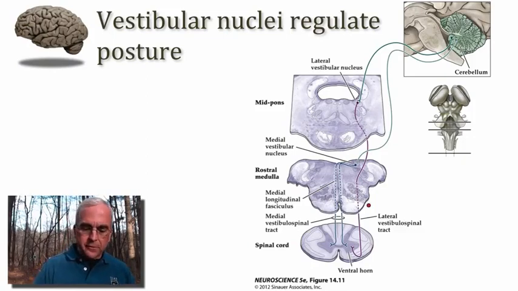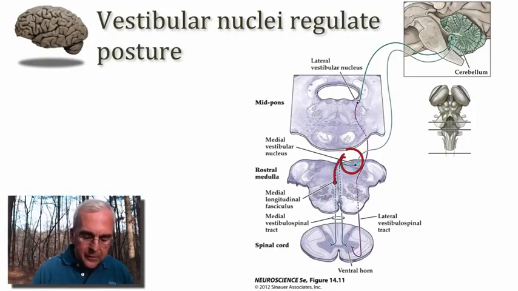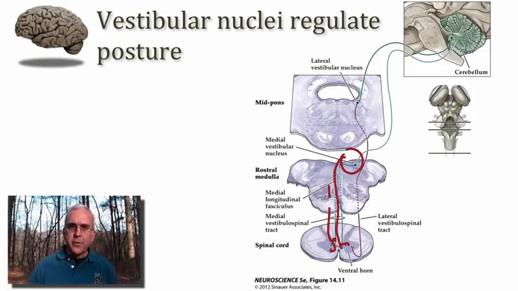The medial vestibulospinal tract arises from the medial vestibular nucleus, and it gives rise to bilateral projections that innervate mainly motor neurons in the cervical cord that are concerned with the movements of our head and our neck, and perhaps as far down as the segments of the cervical cord that are concerned with the extension of the arms and the actions of more of our proximal upper extremity muscles.